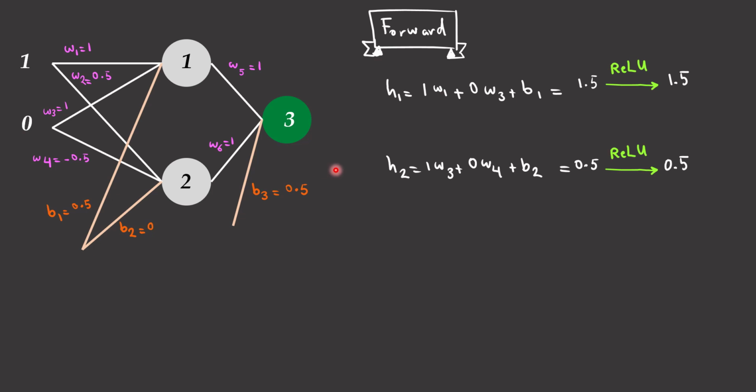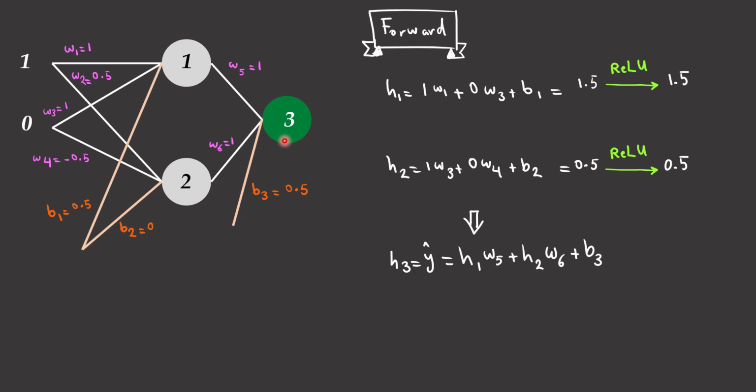The input of neuron 3 is H1, the output value of neuron 1, times W5 plus the output value of neuron 2 times W6 plus the bias 3. Suppose that we don't want to consider any activation function for this output neuron, or you can think of this as considering the identity activation function.